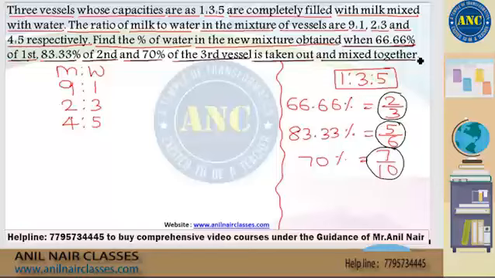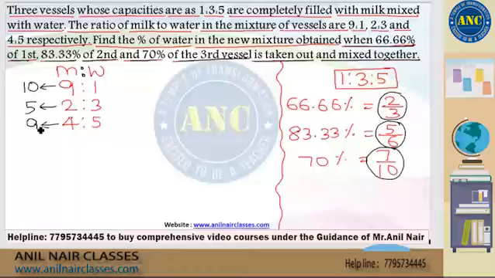Now see here, milk initially is 9, water is 1, so totally it is 10 as of now. It is 2 plus 3 in second vessel, it is 5. It is 4 plus 5 in third vessel, it is nothing but 9.